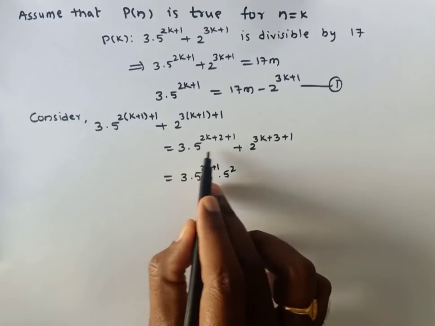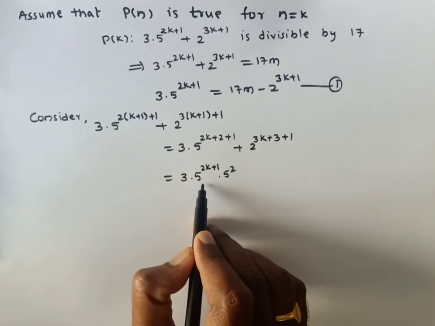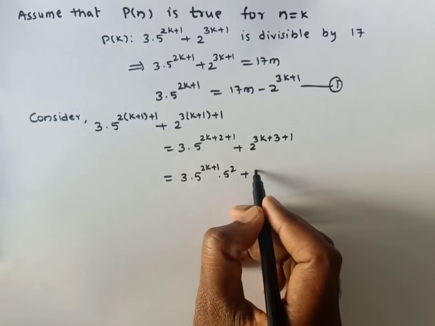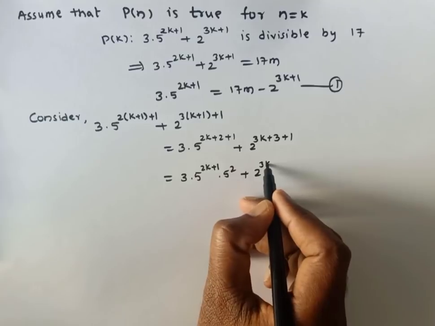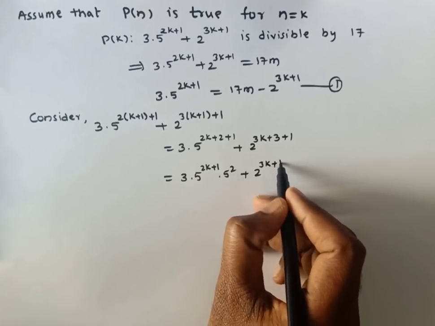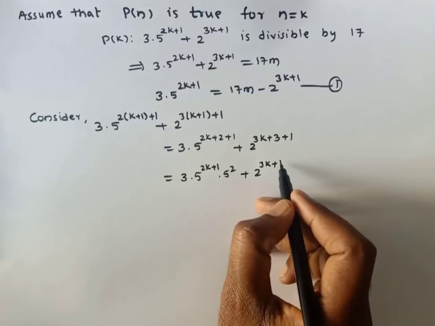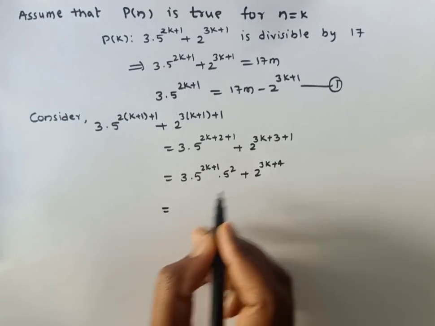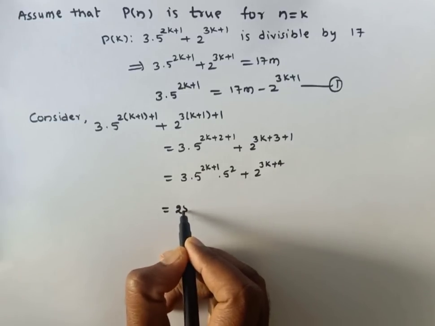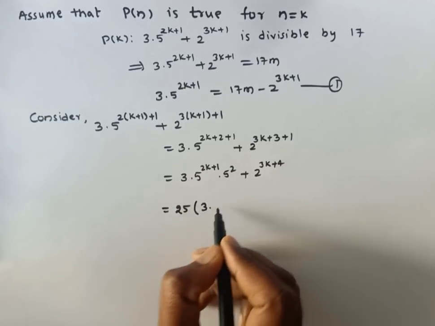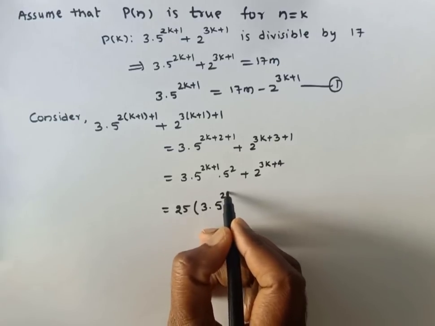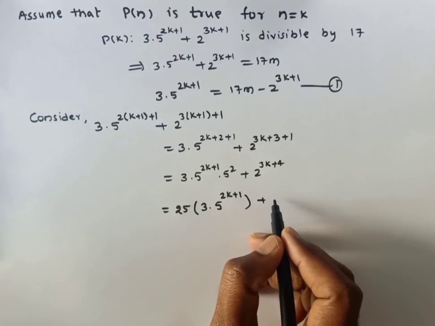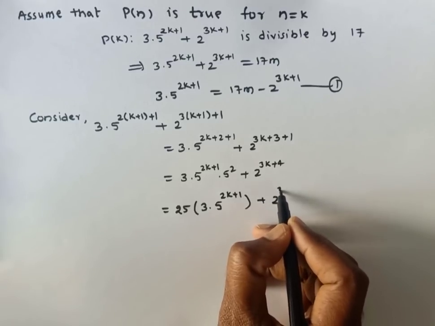I am writing this 5 squared separately: 2k plus 1 is this one and 5 power 2 is this, plus 2 to the power of 3k plus 4. So this is 25 times 3 into 5 to the power of 2k plus 1, plus 2 to the power of 3k plus 4.